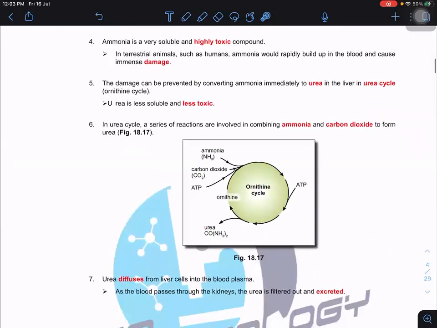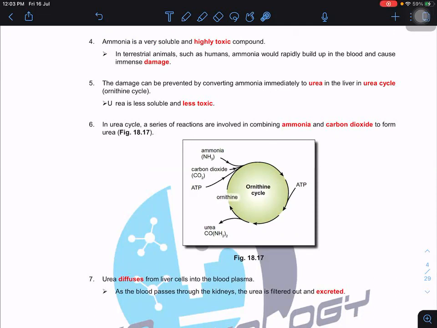Now, the problem here is we cannot transport ammonia. We know that we need to excrete the ammonia, but ammonia is very soluble and highly toxic. It is about 10,000 times more toxic compared to urea.